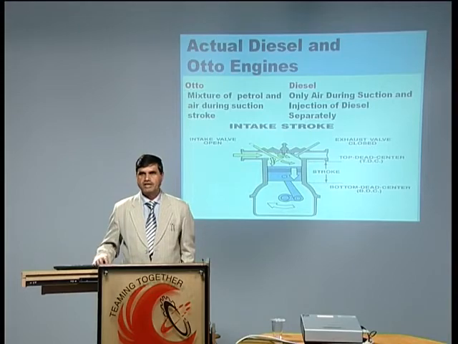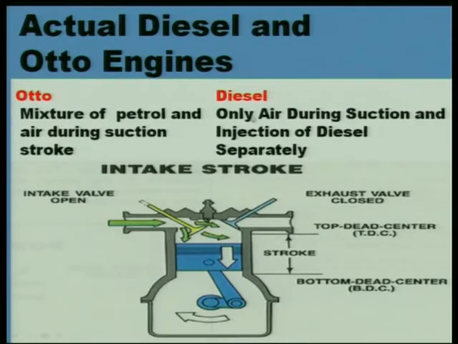In the case of a petrol engine, only air is taken in during the suction stroke, whereas in a diesel engine the fuel is injected with the help of an injector. In a petrol engine, for starting the combustion we need a spark plug, whereas a diesel engine does not have a spark plug, we have an injector, which is responsible for injecting the fuel into the cylinder.